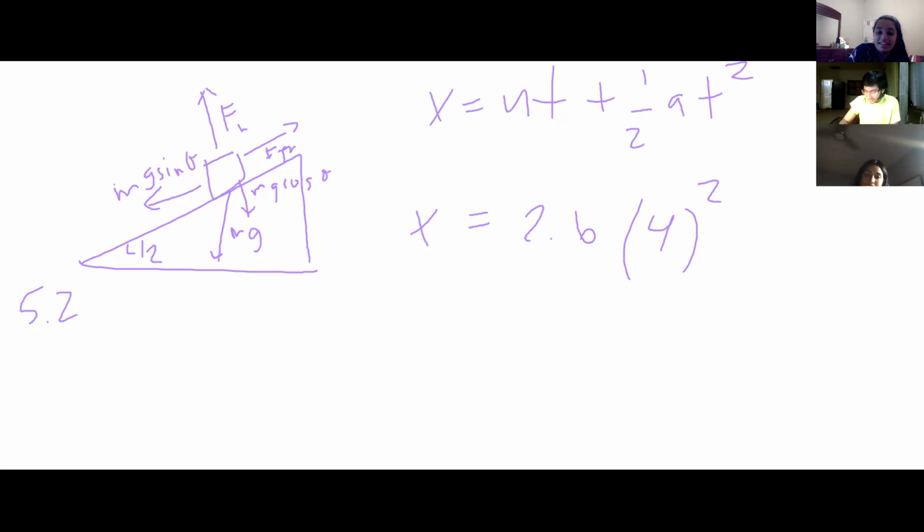No, you're fine. I just wasn't working as fast as you were. I just didn't feel like using my calculator. Okay, so 41.6. Is that what we got? Yes. 41.6. Okay, cool.